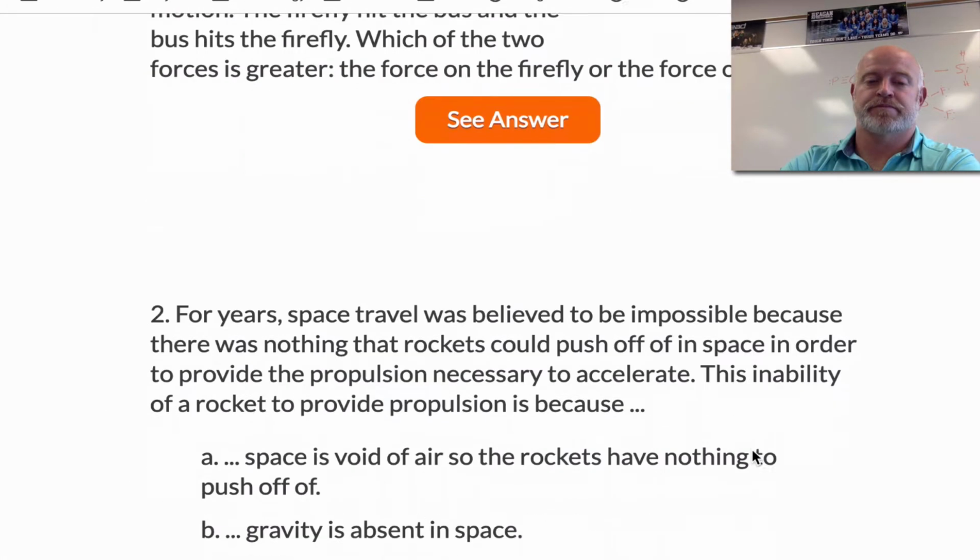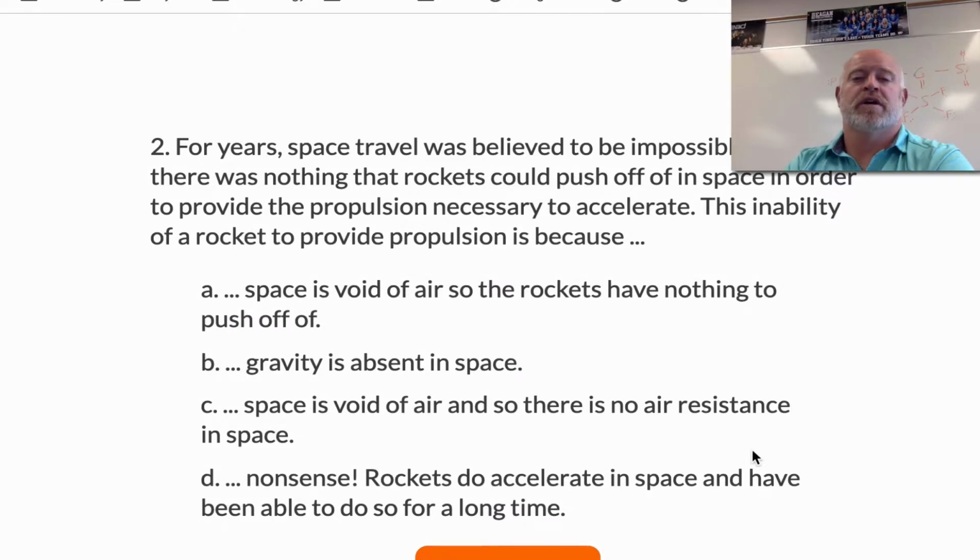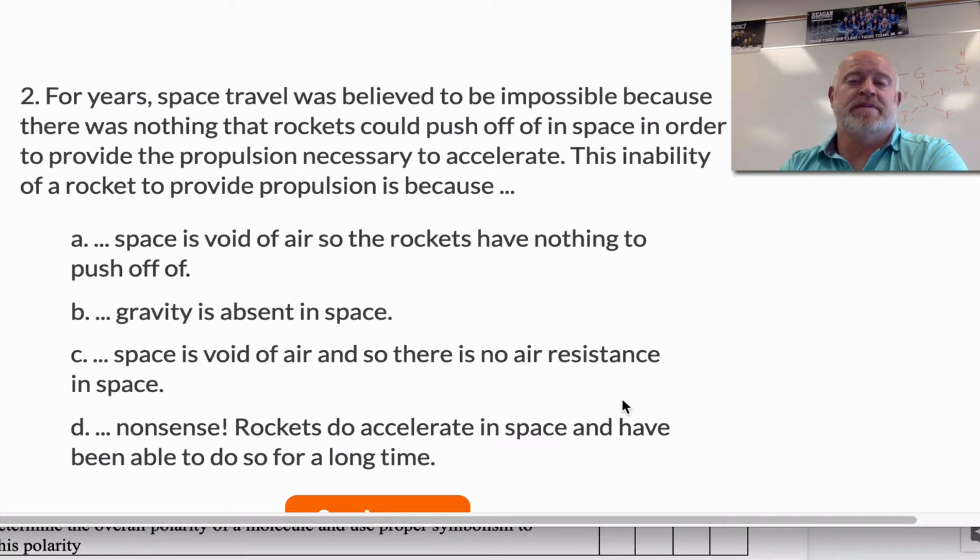Okay? Space travel. A lot of times people think that once you get in outer space, you have to basically float around and not make any changes. That's not actually true. The way rockets work is rockets burn fuel, and they explode fuel, and that exploded fuel leaves the back of the rocket as a gas.